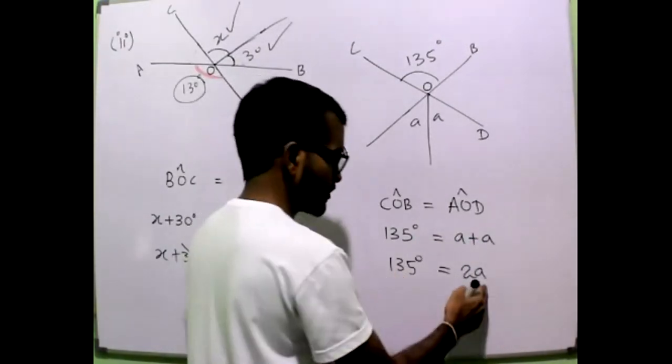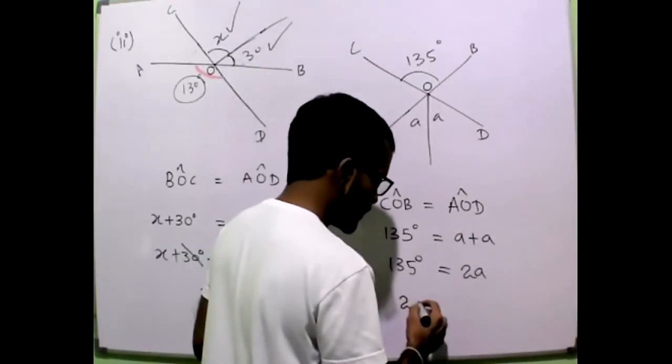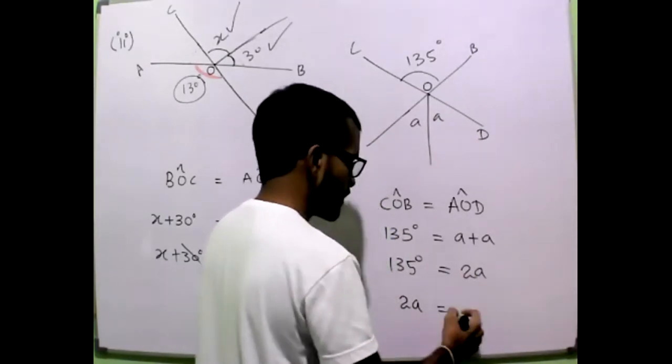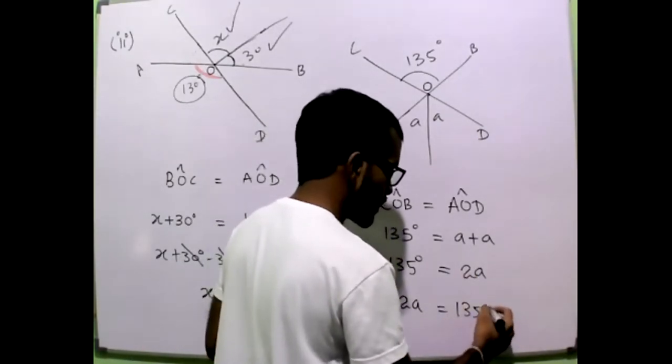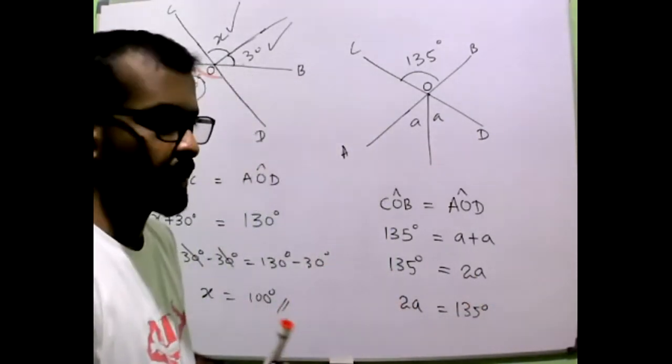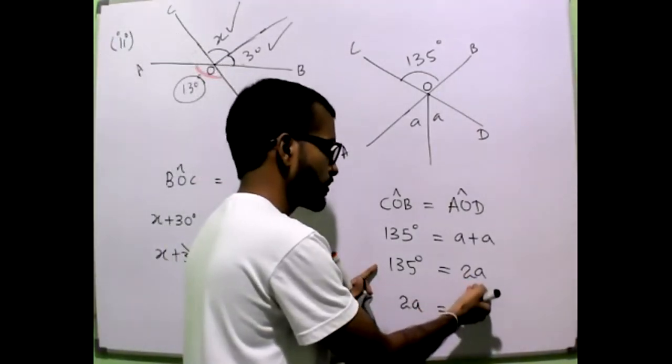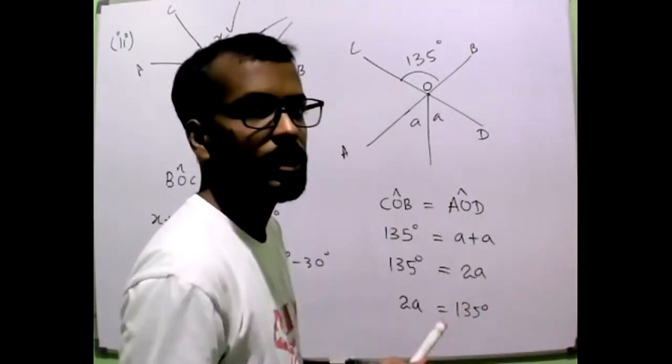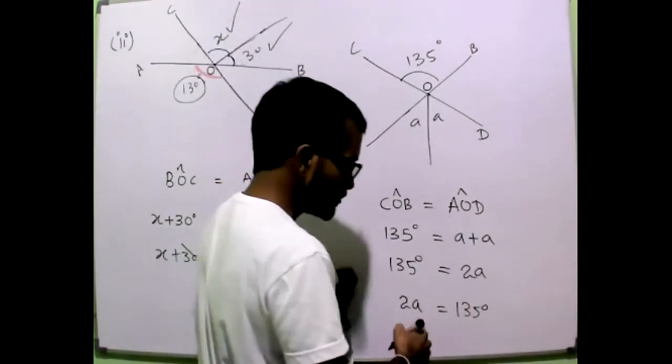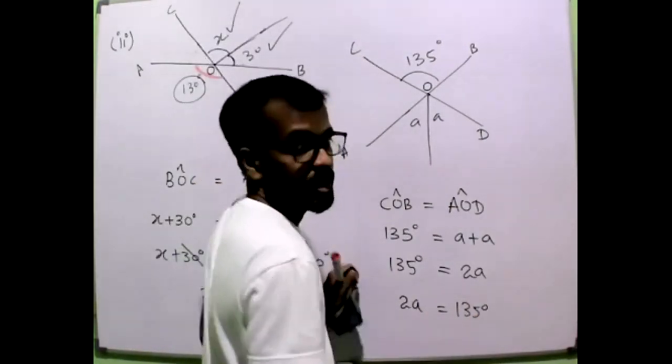I will take 2A to this side and write 135 on my right hand side. So it gives 2A equals 135.